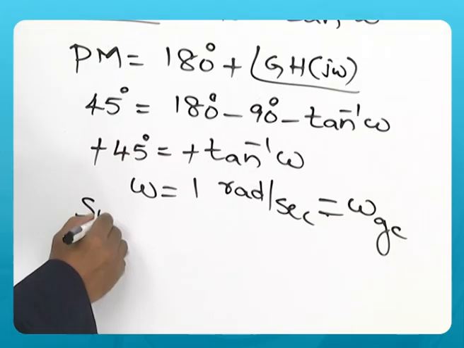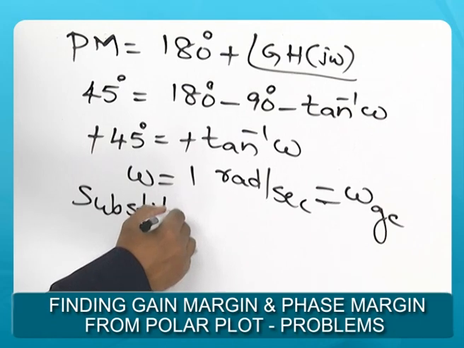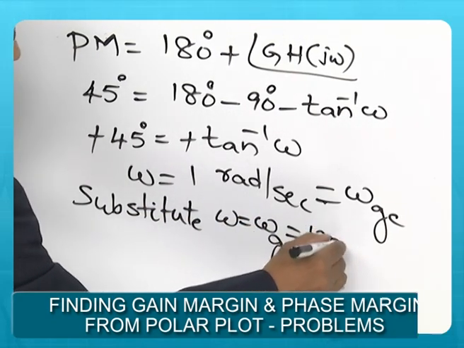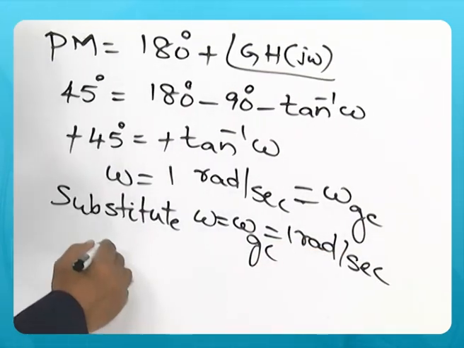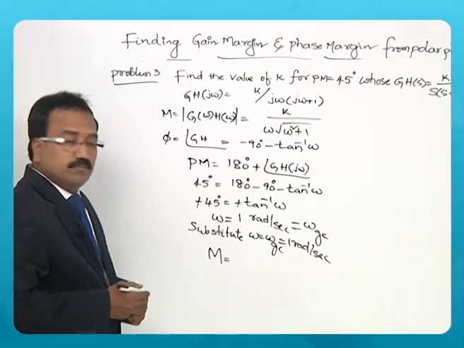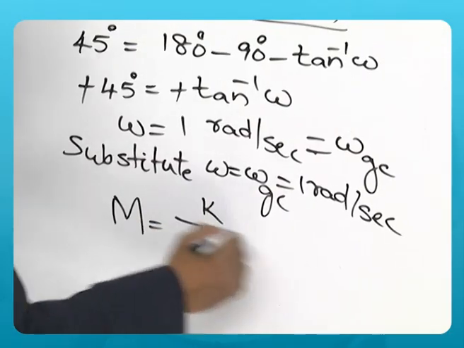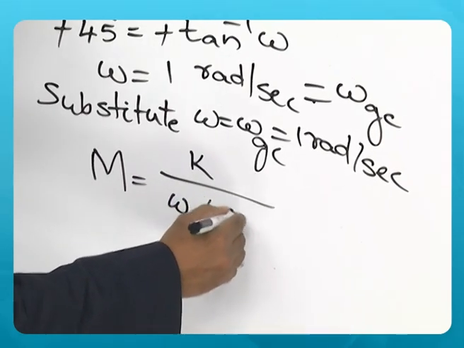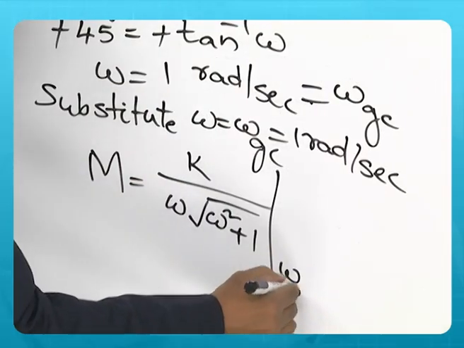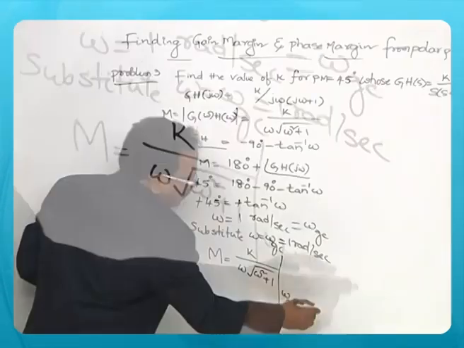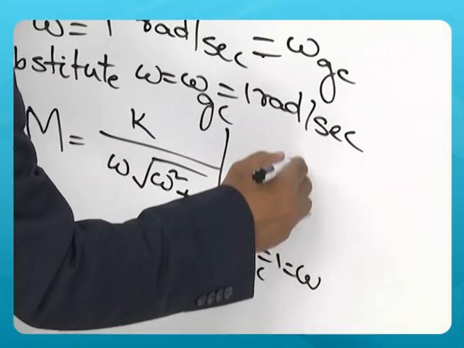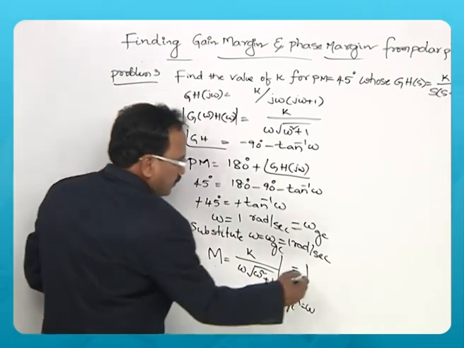Now substitute this omega equal to omega GC equal to 1 radian per second in the magnitude term. The magnitude term is given by K by omega into root of omega square plus 1. So the magnitude at omega GC equal to 1, if you substitute here, is equated to 1.